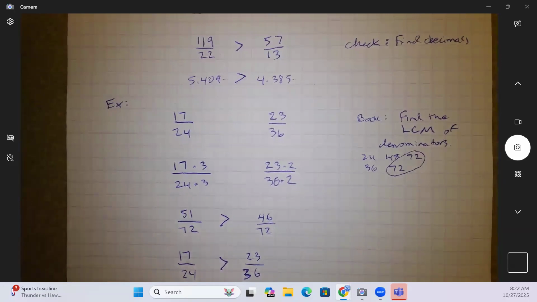We still get a couple right, and that's totally fine. Oh, and I can check these with decimals, but I'll let you check them with decimals. Okay, let's do the same question without using the least common multiple.